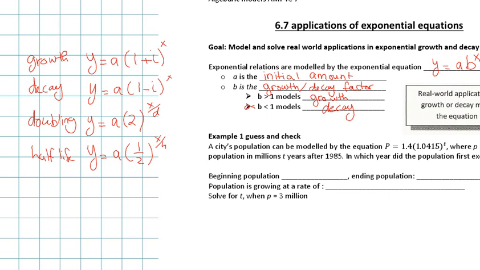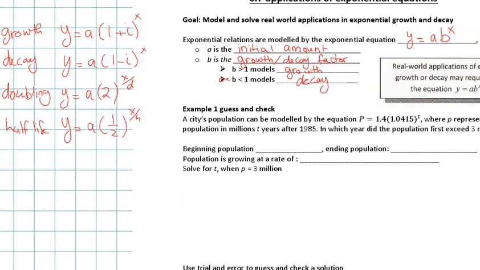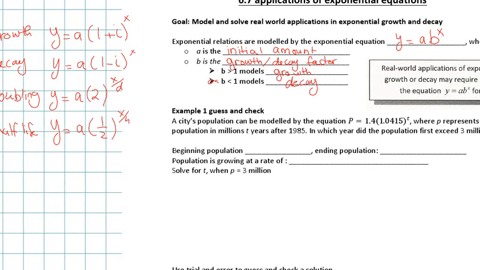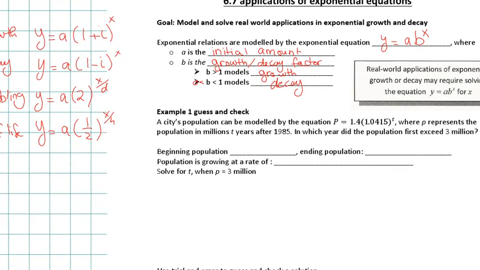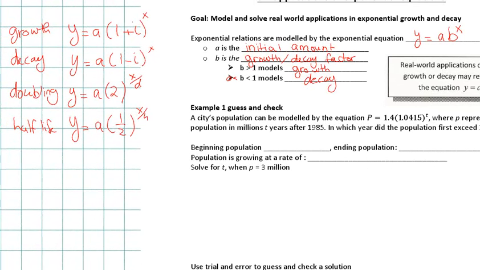So a city's population can be modeled by the equation P equals 1.4 times 1.0415 to the power of t, where P represents the population in millions, t years after 1985. In which year did the population first exceed 3 million?